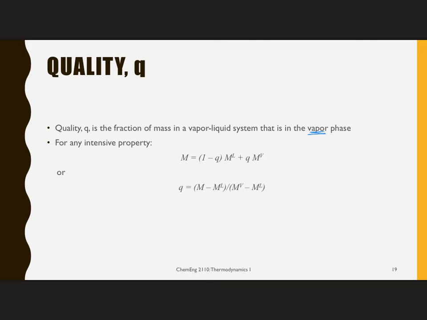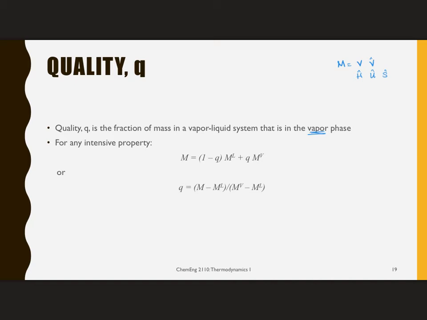So if Q is vapor, 1 minus Q is therefore liquid, right? And if I do this for any property, and they use M to designate a property, M might represent the volume, or the specific volume, or the enthalpy, or the internal energy, or the entropy, any number of these variables.